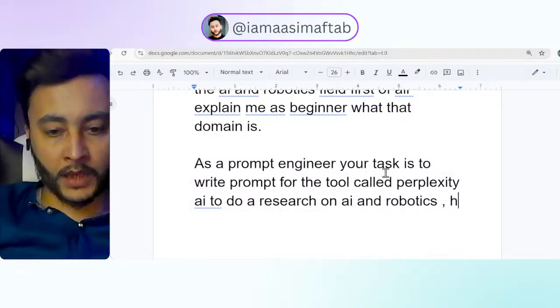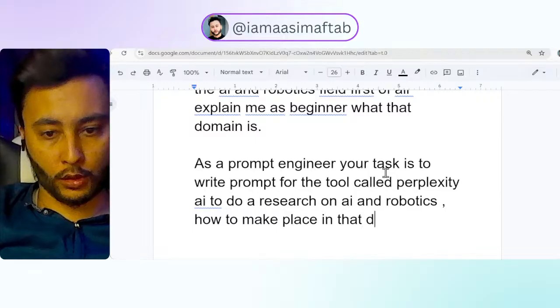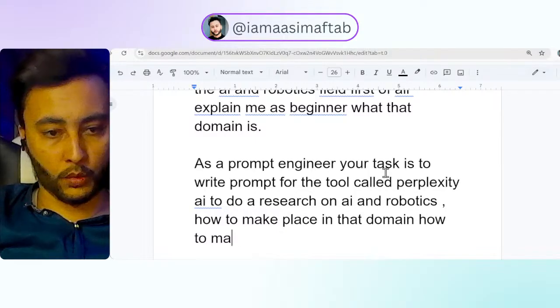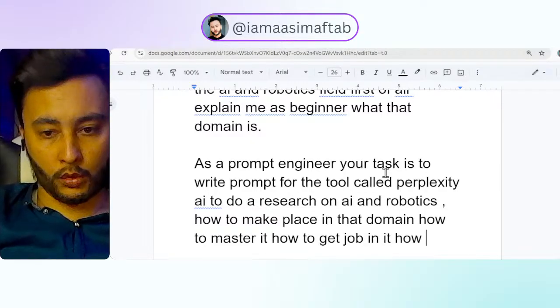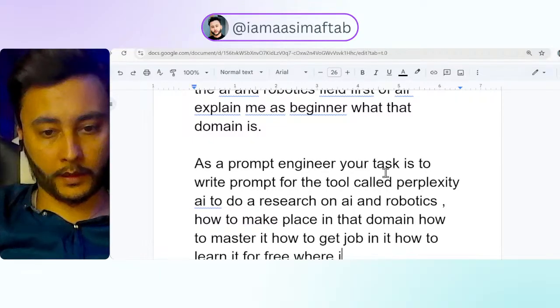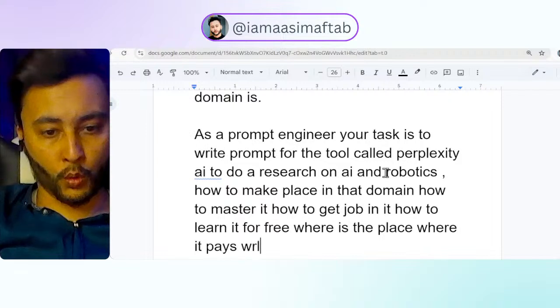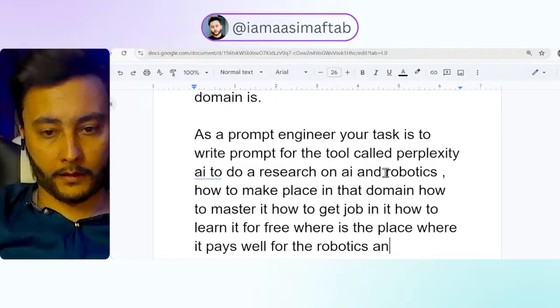How to make a place in that domain, how to master it, how to get a job in it, how to learn it for free, and where it pays well for robotics and AI engineers.